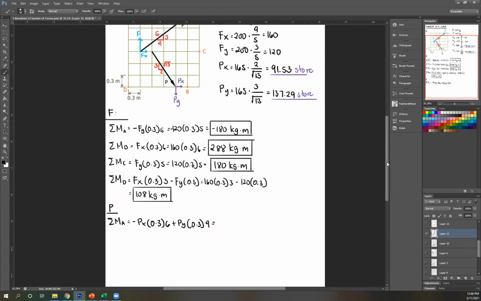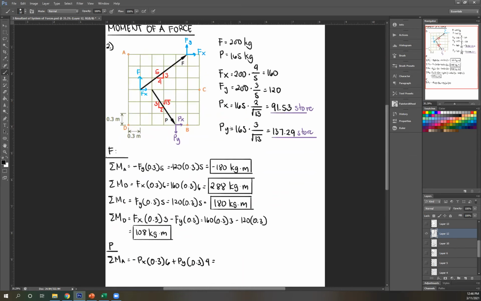So what's the answer? Considering you should have stored Px and Py. I'm not going to write the equation anymore. Oh wait, Px. 1, 2, 3, 4, 5. That's 0. Correct, Simon and Borde.